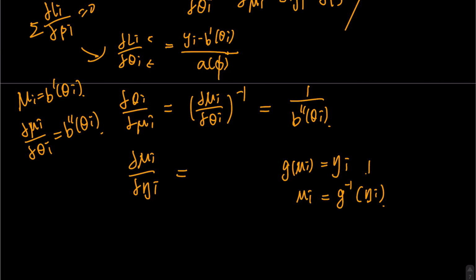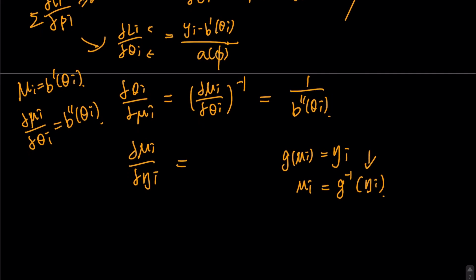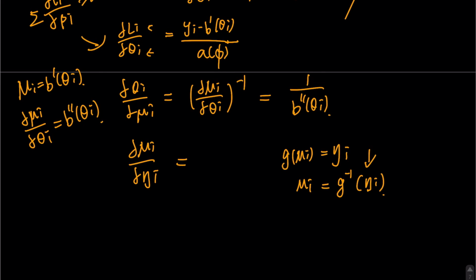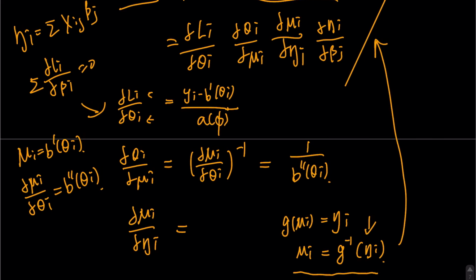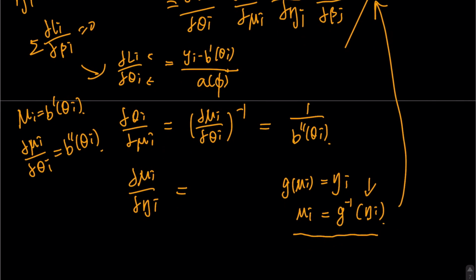I can do this step because I know g is a monotone function, so the inverse exists, and it's a one-to-one function. This part, let's just leave it like that because depending on what distribution your y follows, you have different link functions, and different link functions will give different results for the d mu i d eta i part. Okay, so let's just leave it like that.